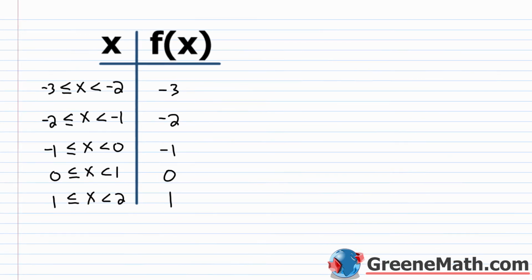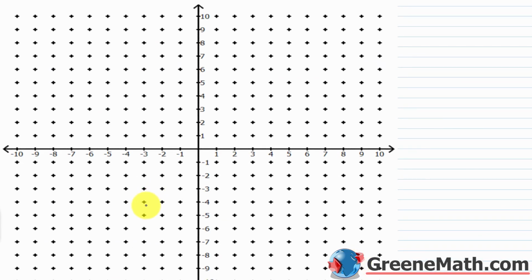So let's just think about this on the coordinate plane here. Again, if x was greater than or equal to -3, but less than -2, y would be -3. So let's find a y value of -3. Let's go over to an x value of -3. I put a bracket here to say this is included. Then I'm going to draw a horizontal line across. Then at -2, I'll put a parenthesis to say it's not included. Then I'm just going to step up to the next integer for x, and I'm going to do the same thing.